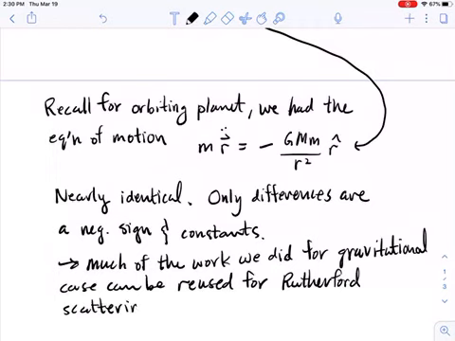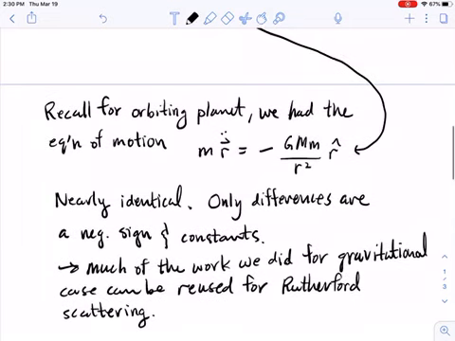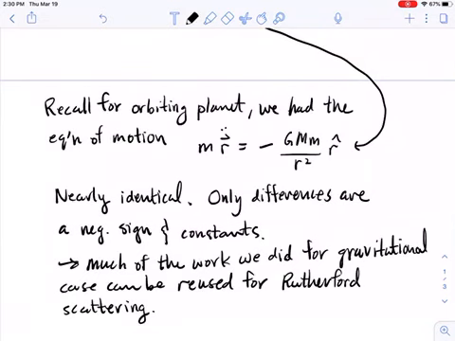So this is one of the times, in my opinion, when you get to see some of the beauty of physics, because we solved a problem where we were thinking about things on astronomical scales, right? The sun and the planets in the solar system.